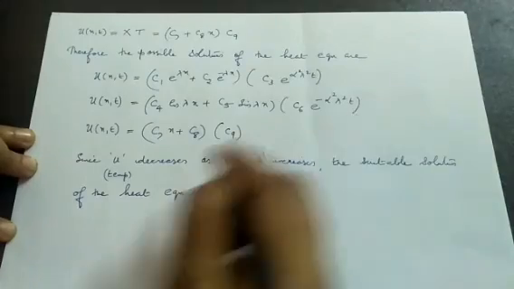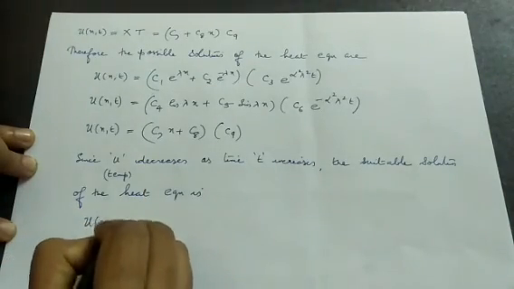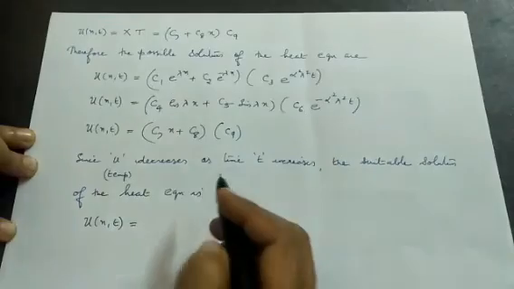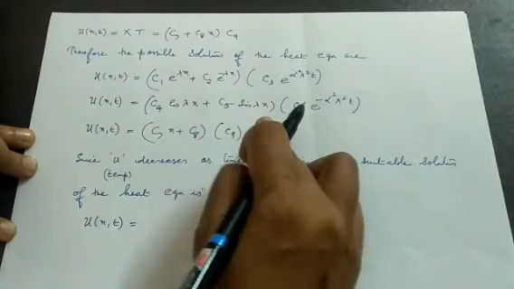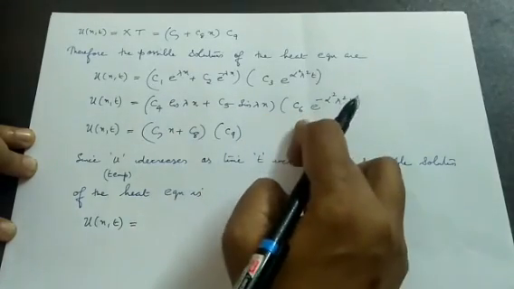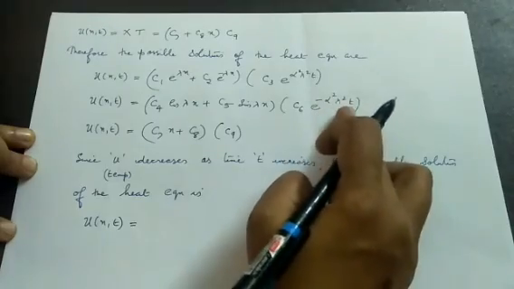the second one, that is u of x t equal to c4 cos lambda x plus c5 sin lambda x into c6 e raised to minus alpha square lambda square t.